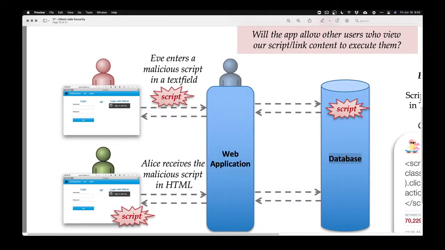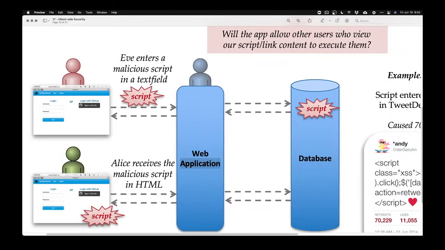Well, she doesn't. What she does is she waits for another user to come, like Alice. And Alice comes to my web application, let's say Twitter, and says, show me what's going on in Twitter. And one of the posts that shows up is Eve's tweet. And Eve's tweet contains a script.